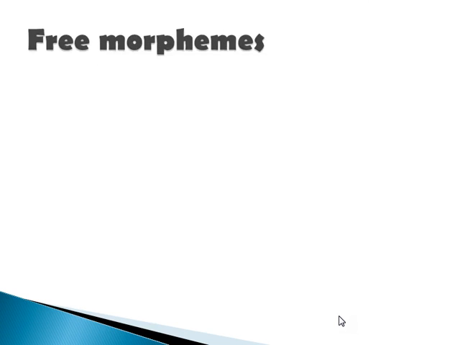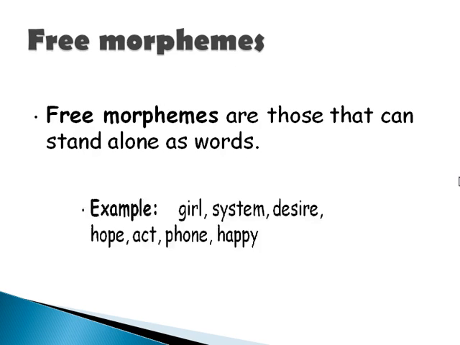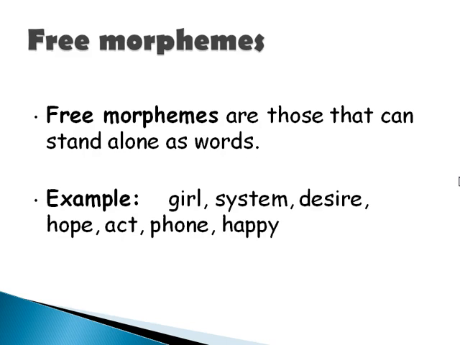Now, the free morphemes are even easier. Free morphemes are those that can stand alone as words. And we have discussed them in order to define bound morphemes. Examples: girl, system. How many syllables are there in system?